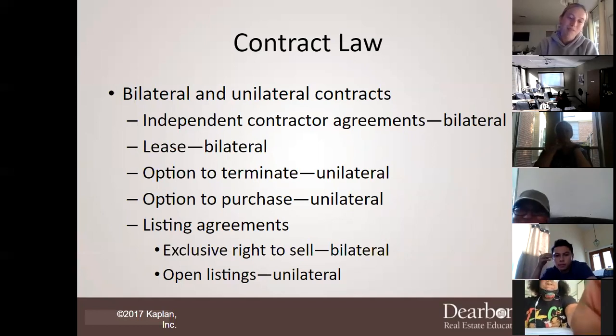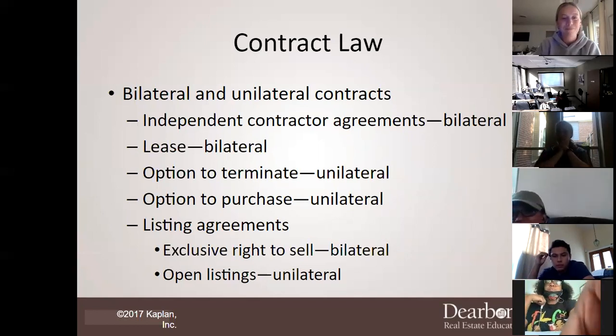You volunteered, so who is the exclusive right to sell contract between? It's a bilateral contract. Who is it between? Which two parties?